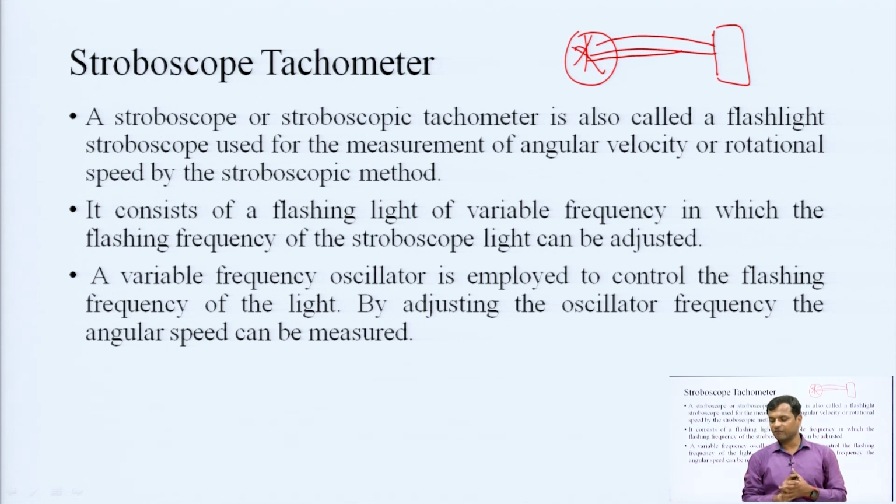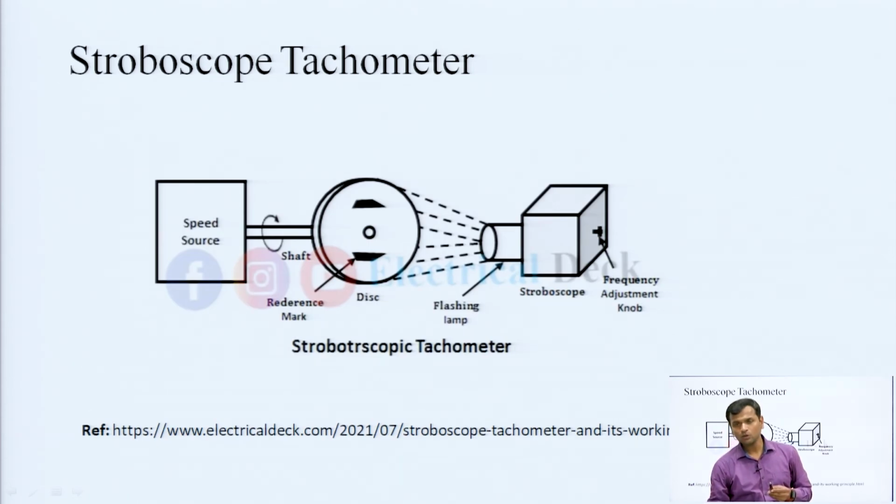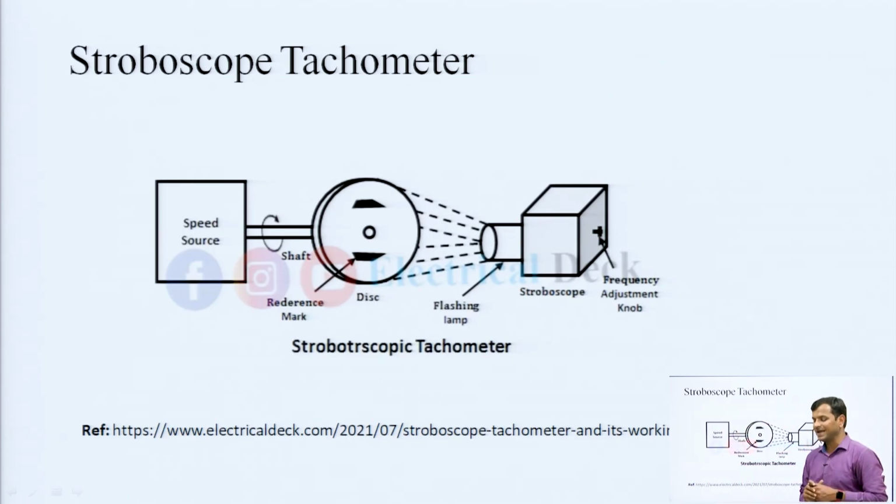Also, a variable frequency oscillator is employed to control the flashing frequency of the light. By adjusting the oscillator frequency, the angular speed can be measured. So that will be the basic arrangement of the stroboscope tachometer. Now we can see the diagram.